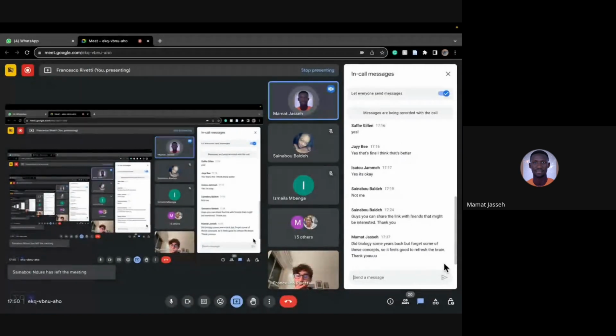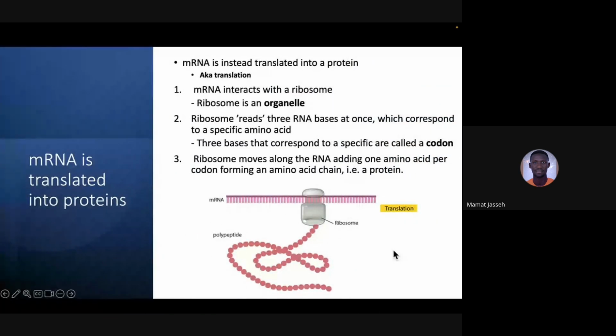I want to ask about the mRNA. What is the essence of it? I mean, we have RNA, the ribonucleic acid, right? And we have mRNA that is going to form the protein.